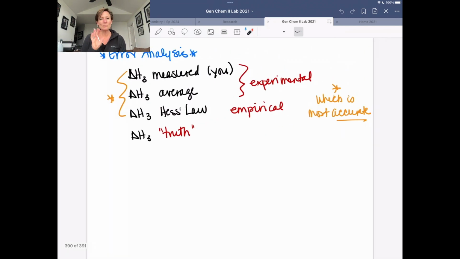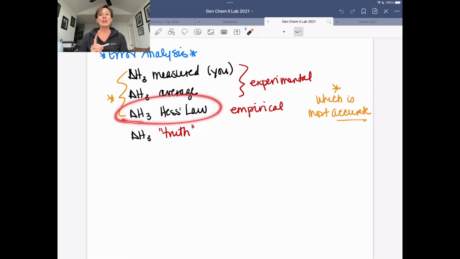Okay. The last piece here is to think about comparing these different methods for determining the enthalpy for reaction 3 and saying which do we think is best and why do we think one is more error prone than another. So reminding you, you had an experimental method that you used to determine delta H for the third reaction. Everybody else in the class did as well, so then we determined an average value.